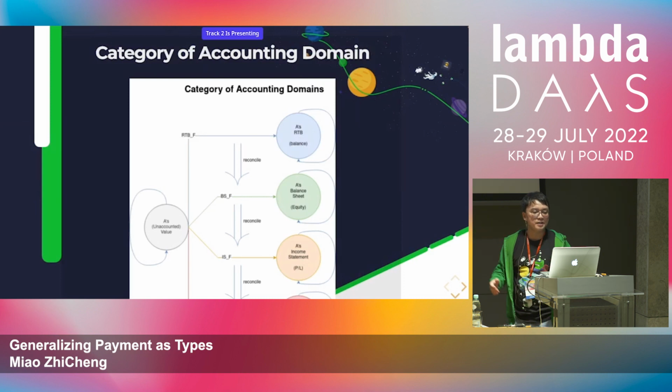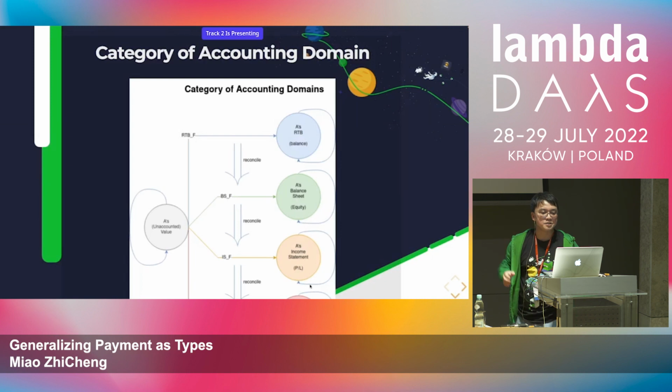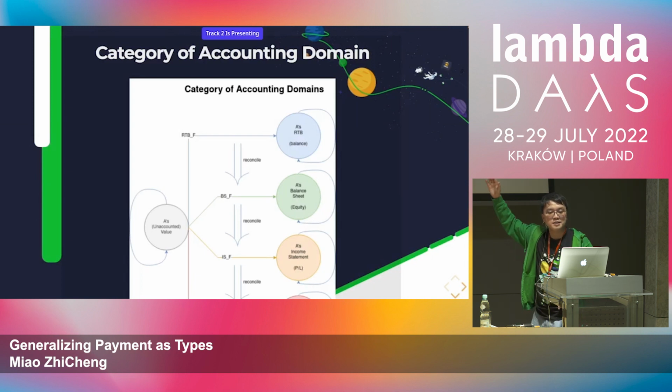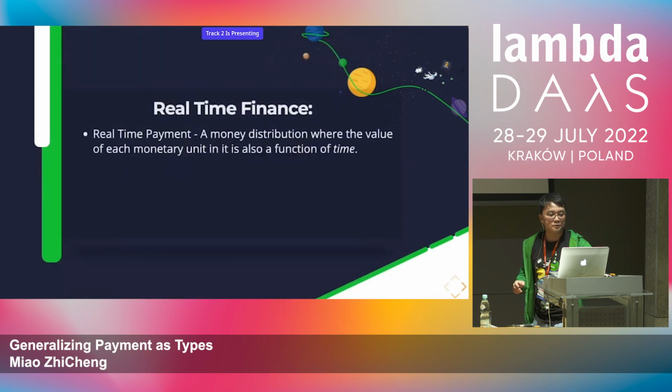You know, maybe all these accounting domain are just a functor of the left side, which is the unaccounted value. Then you kind of reconcile between one or the other, right? So that's what accountant does essentially. You reconcile your bank account to your balance sheet or your income statement, blah blah blah, right? That's one way to think about it.